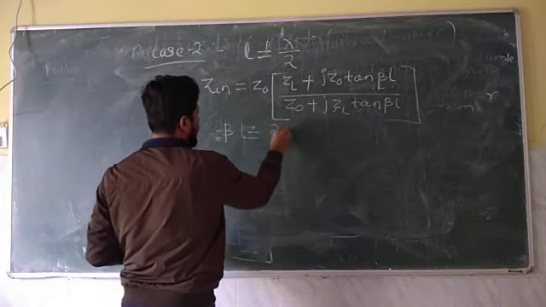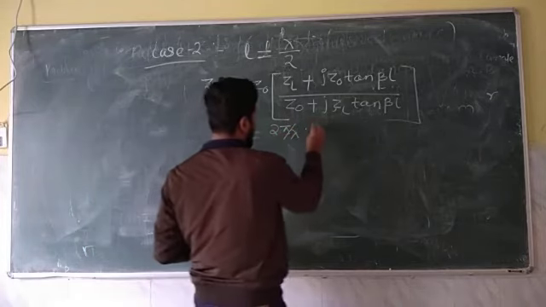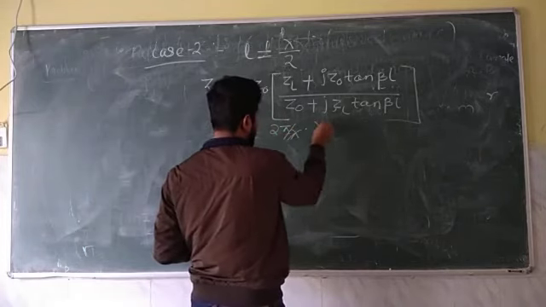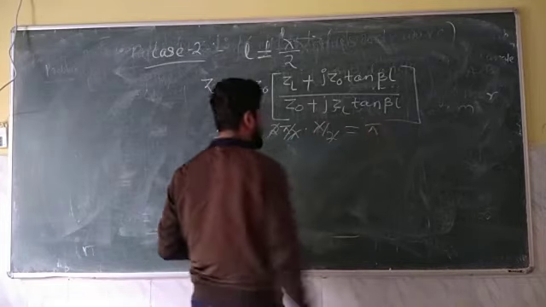Beta is known as 2 pi by lambda, into L, whose value is lambda by 2. So lambda cancels out, 2 cancels out. So beta L value is pi.